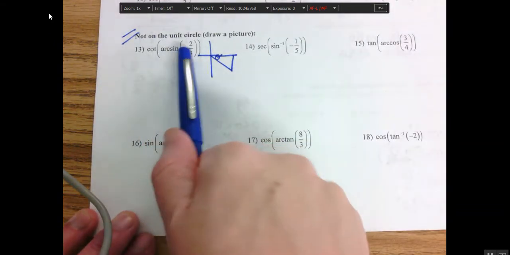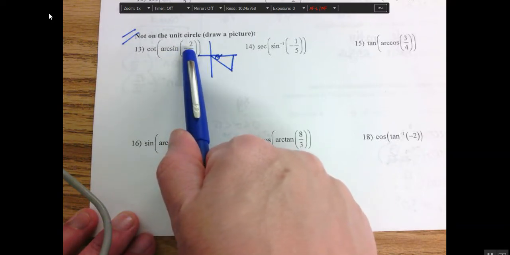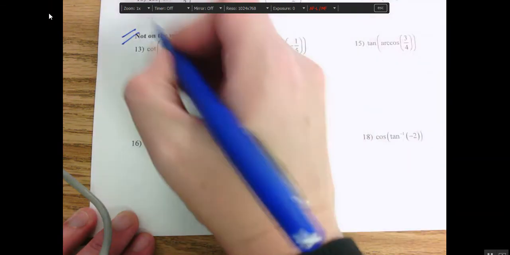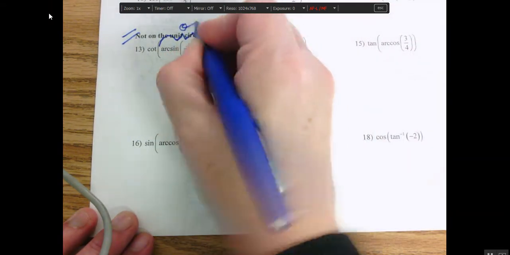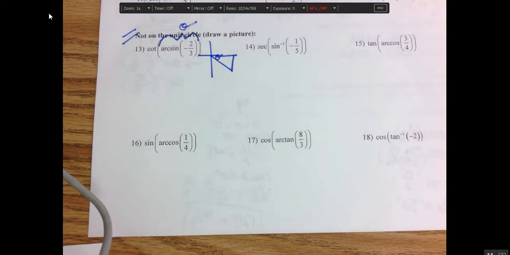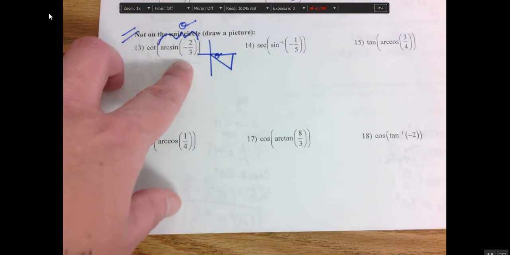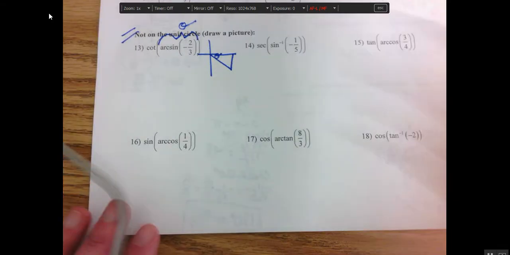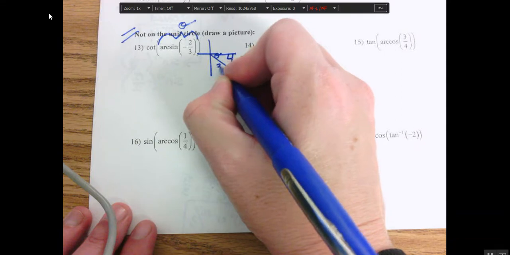When I have an arcsine of a ratio, that entire expression represents theta. So this is my information about theta. I have some angle, and it has a sine of negative 2/3. So sine is opposite over hypotenuse.